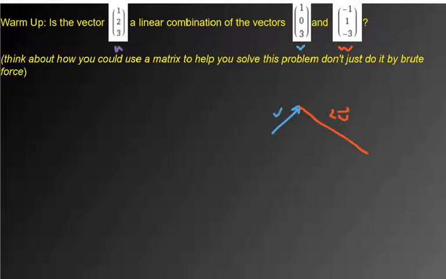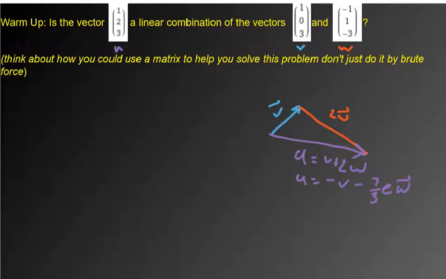And with some sort of combination of those, is there a way to get u? So u could maybe be here, v plus 2w. Or maybe u is going to be like -v minus 7/3 of w, because why not, right?